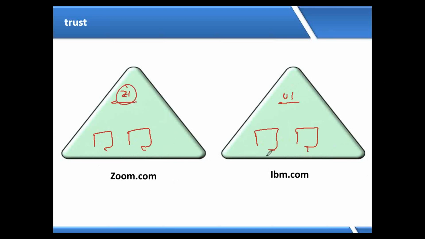Now Zoom user, can he log into IBM computers? No. Vice versa, IBM users cannot log into Zoom computers. But first of all, why do we want one company employee to log into another company's computers? What is the reason? Maybe these two organizations are working together.